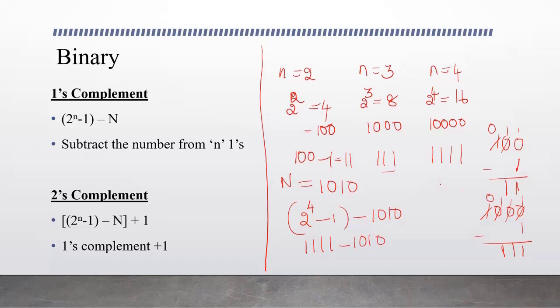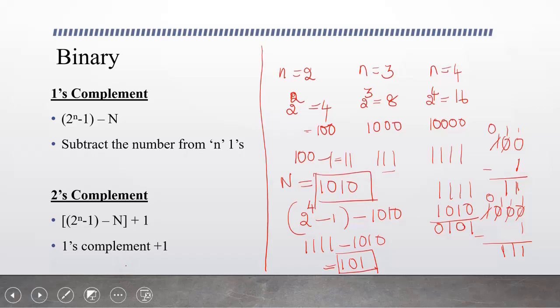When we subtract, the result is 0101. Here the given number is 1010, and the 1's complement obtained is 0101.